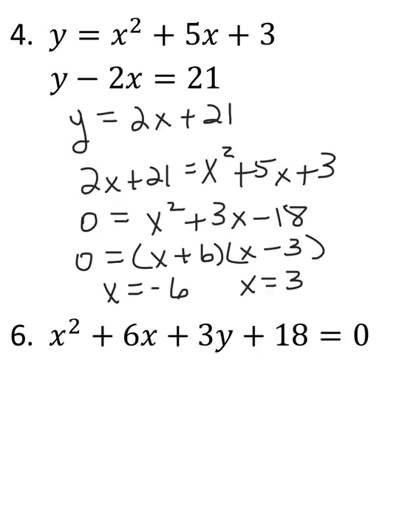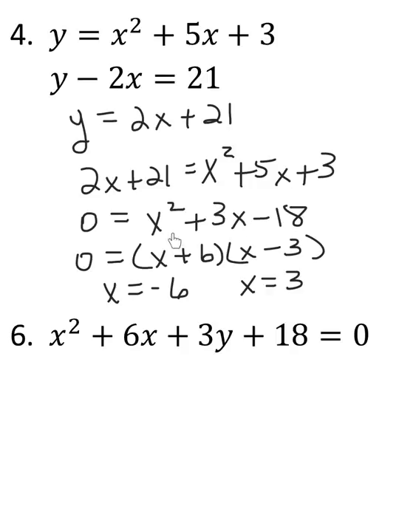All right, so I have set these equal to each other, and I set this equation now equal to 0 by subtracting 21 from 3, that gives me negative 18, and subtracting 2x from 5x, that gives me 3x. So now that I have my equation set equal to 0, I can factor it.